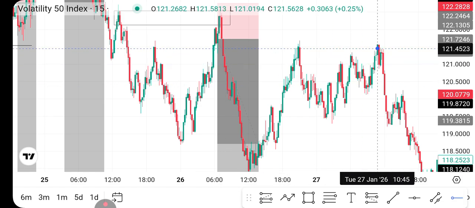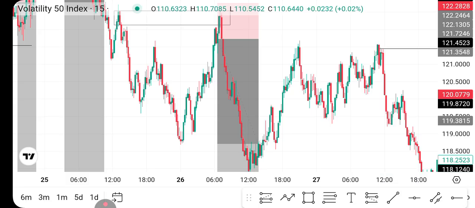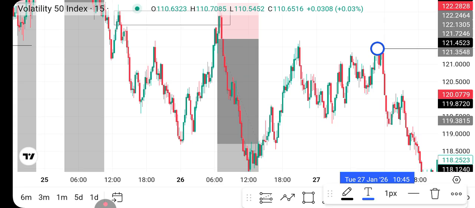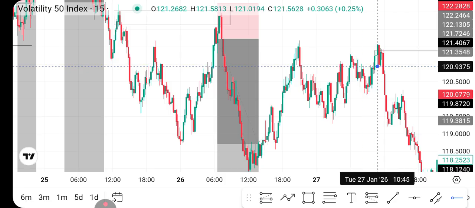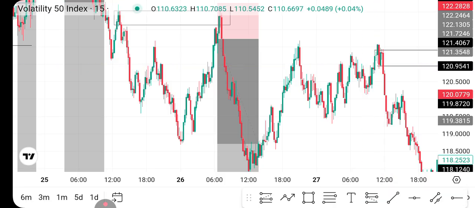Maybe this, because this is an inducement, I think. Or another block basically. That's another block here, from here to here. Let's see if price will come into it.